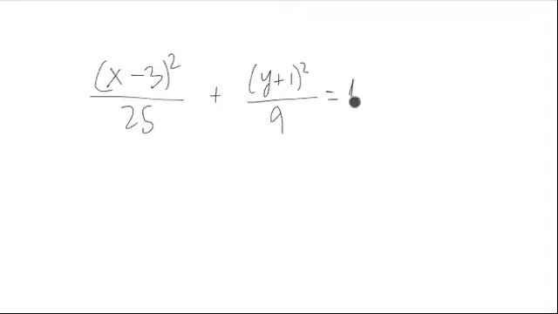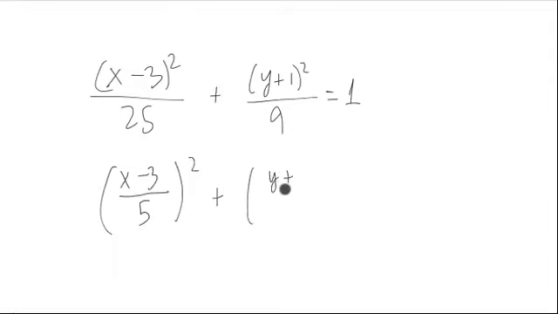So this is the equation of an ellipse, or a transformation of x squared plus y squared is equal to 1. Now, how is it a transformation? Let's think. If we take a square root of 25, that would be like a 5 here, x minus 3 quantity squared. So this would be like your x box. Plus, and then this would be like y plus 1 all over 3, like your y box here, is equal to 1.